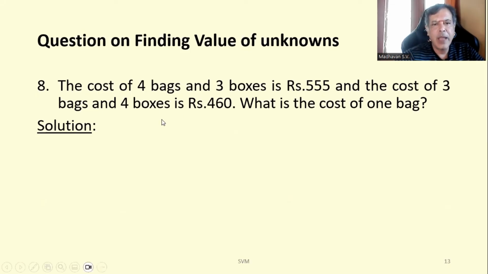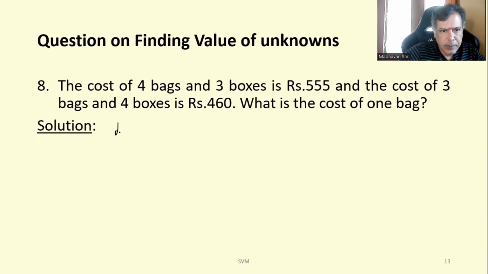The cost of 4 bags. It is about finding the value of unknowns. The cost of 4 bags and 3 boxes is rupees 555, and the cost of 3 bags and 4 boxes is rupees 460. What is the cost of 1 bag?